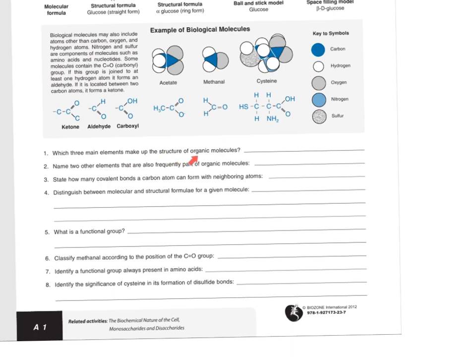Which 3 elements make up the structure of organic molecules? What is organic? Carbon is right. What else? Hydrogen and oxygen. The 3 main things for organic molecules. Now we know there are more. What are the others? Sulfur and nitrogen. That's right. We have to know them.